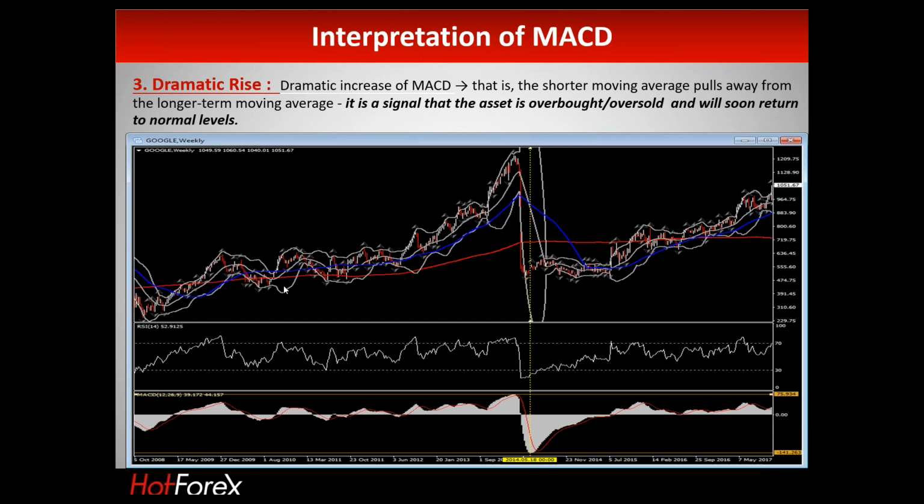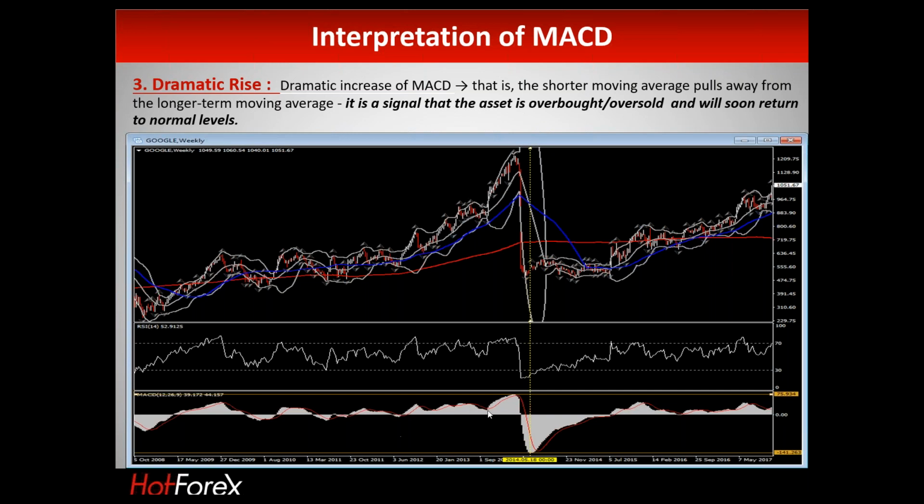What I said in the beginning is that it doesn't give you oversold and overbought levels. However, if we see a dramatic rise of MACD as over here, it did give us an oversold identification.